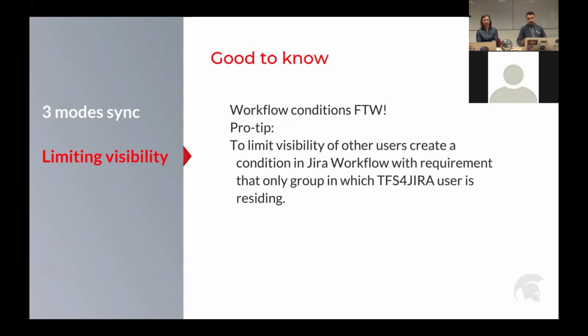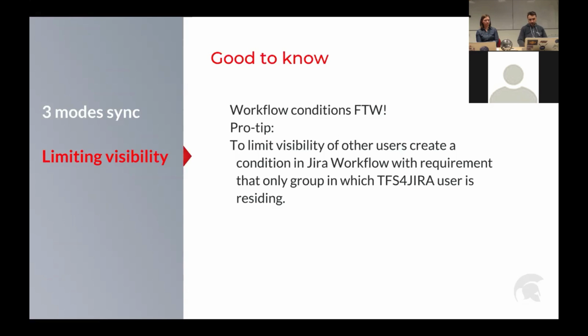Oh, and a good thing to know is limiting visibility. As mentioned before, we suggest having a lenient workflow from all to all, from all statuses to all statuses. And we've been asked a few times in the past to give an option to limit it. So there is a workaround for it, and we have workflow conditions to thank for this.